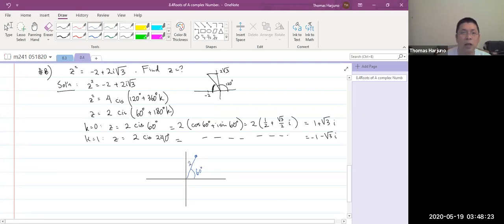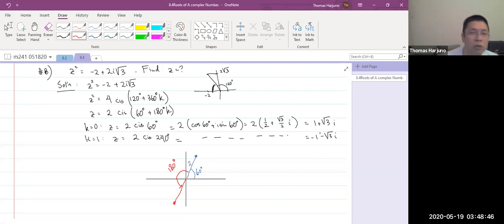Now for k equals 1, remember in this case you add 180 degrees, but that gives us the opposite. That's why I can compute it that fast. Now, it is not always true for other roots, but for square roots, the period becomes 180, so we just get the opposite in this case.